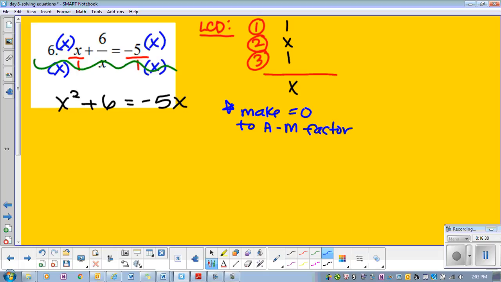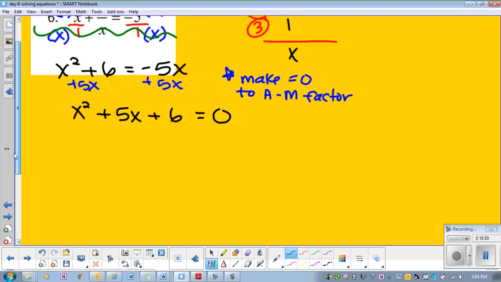Okay? All right, so in order to make this equal to 0, I'm going to add that 5x. So then now I have x squared plus 5x plus 6 equals 0.